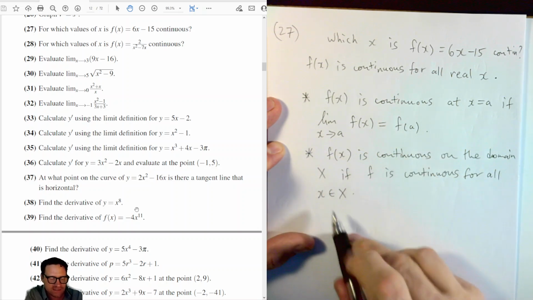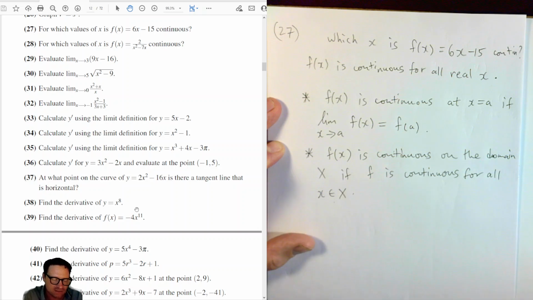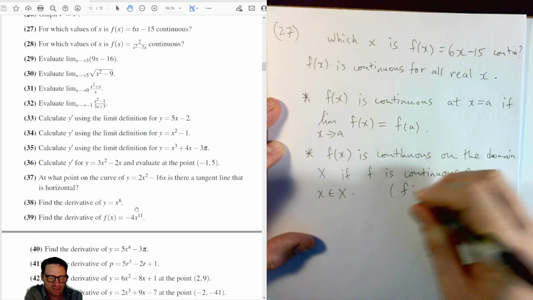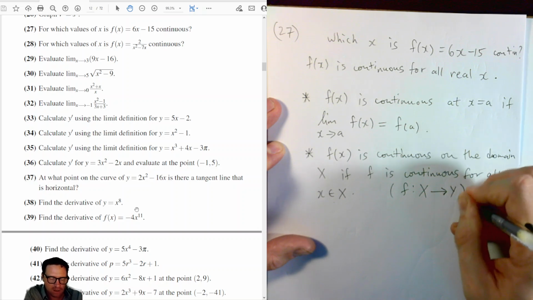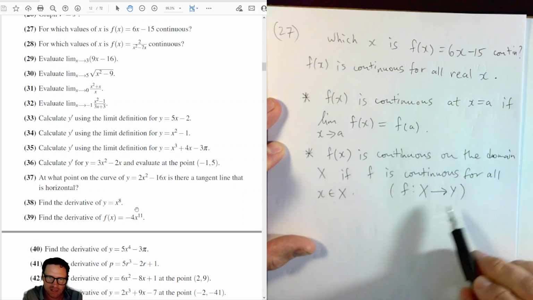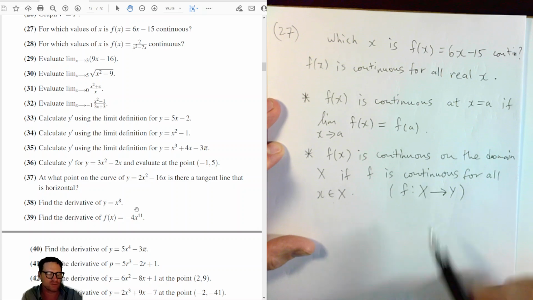Okay, so this says x is an element of the set x. And note, f here would be a map from x to y, where this is the domain and this is the codomain of the function.